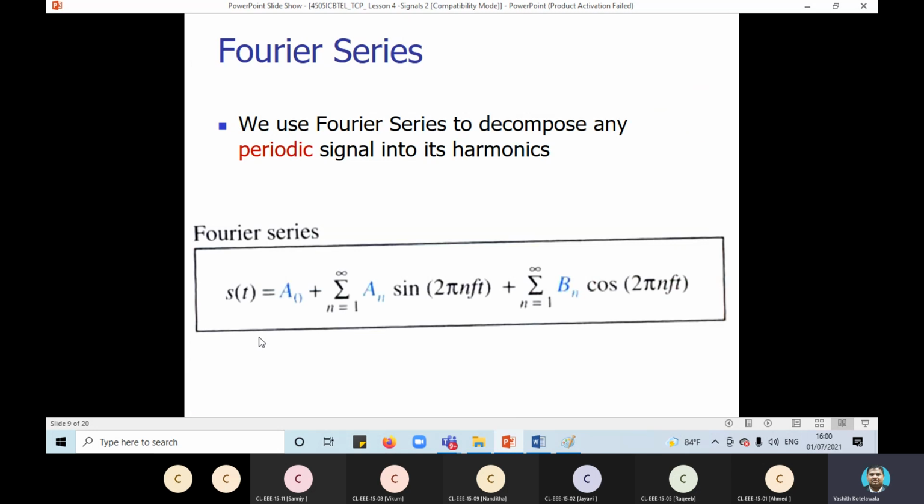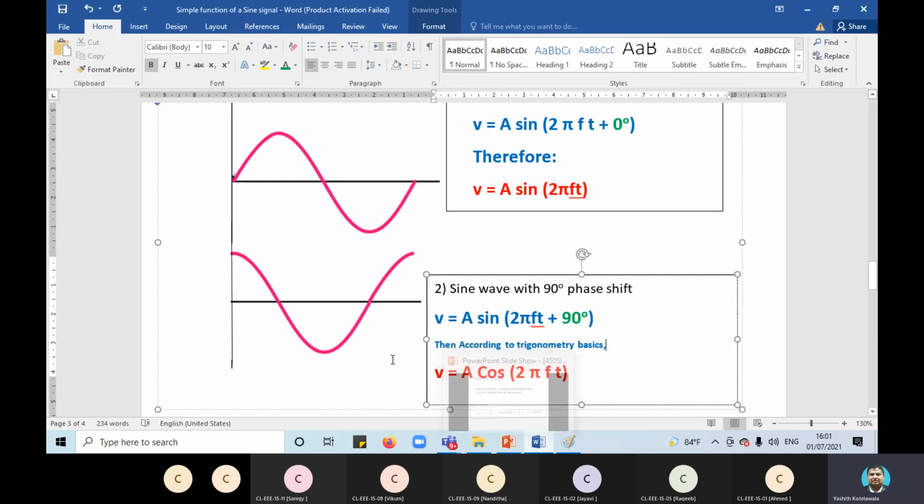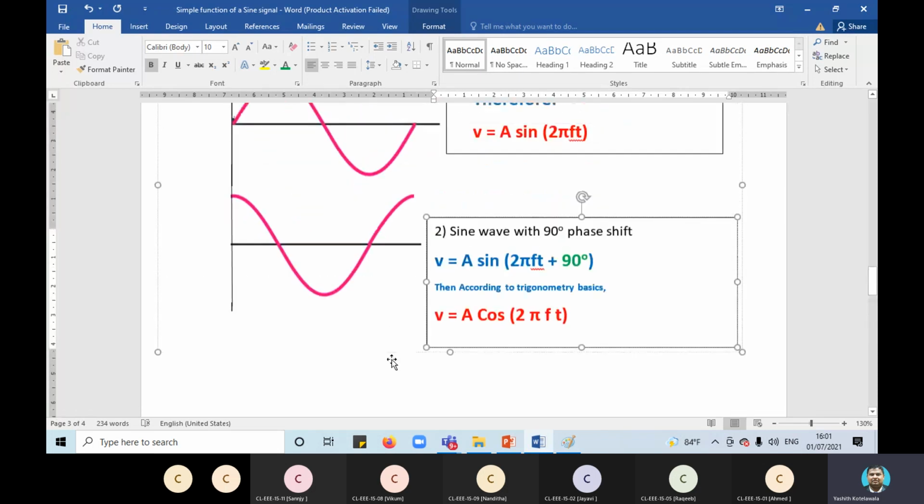So Fourier has given a chance to concentrate on the direct current components if you have any. If you don't have, no problem, this term becomes 0. But if you have, the voltage has to be considered. So we have a direct current component as well.